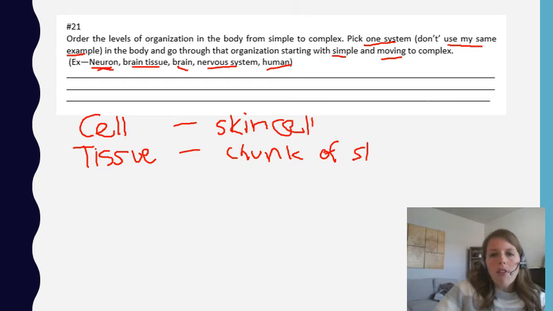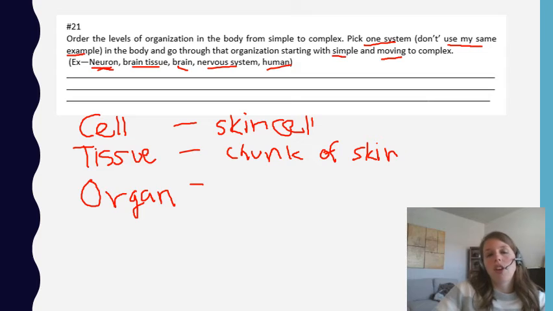And then what comes after tissue? What do we have? We have an organ. And something unique about your skin is that that is actually considered your largest organ because all of your skin is one connected organ, right?